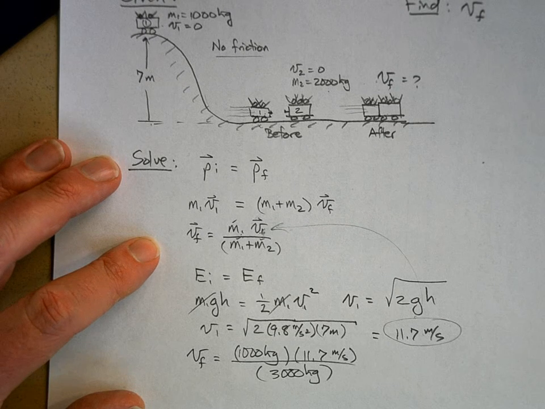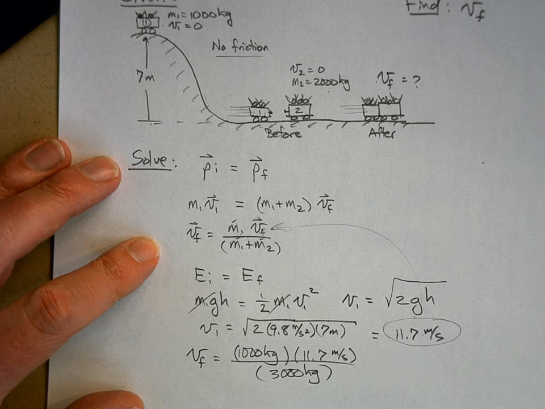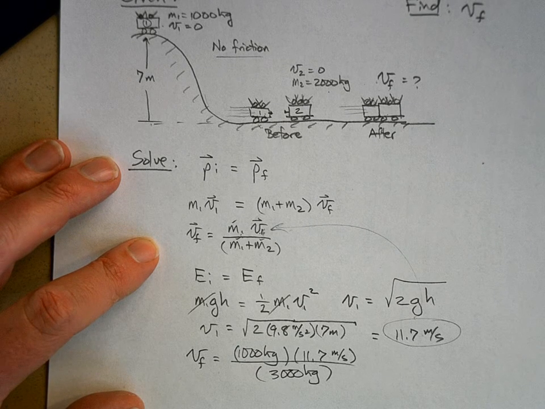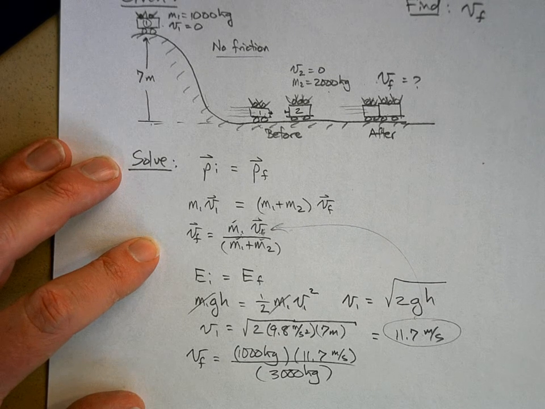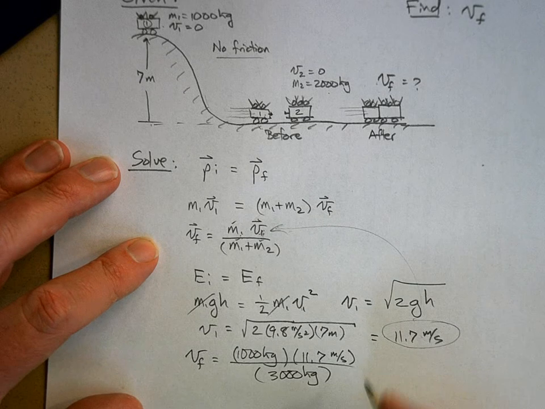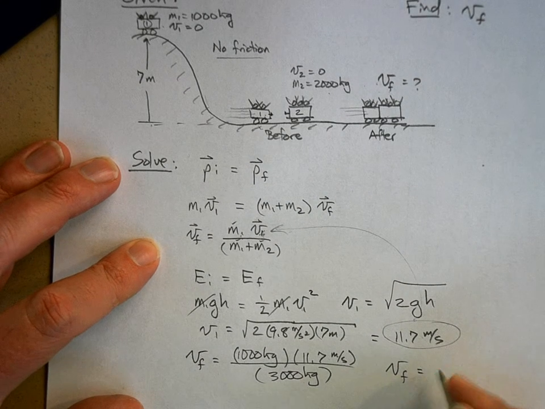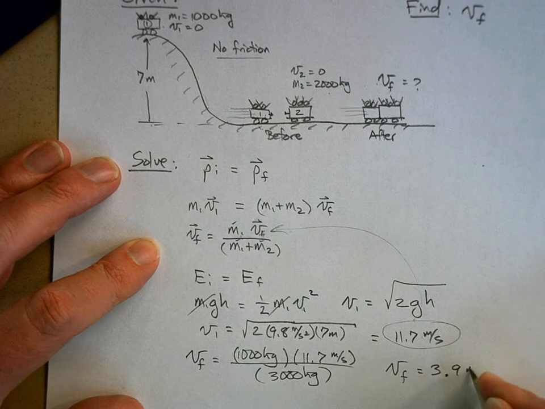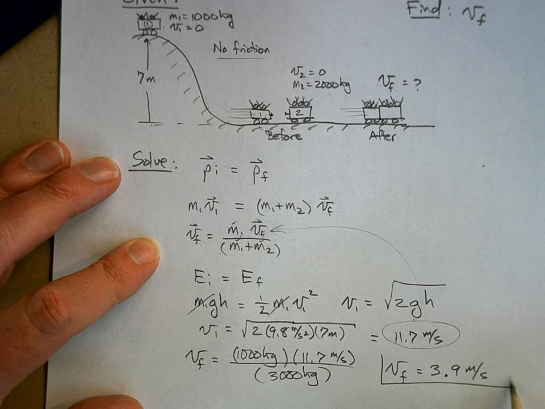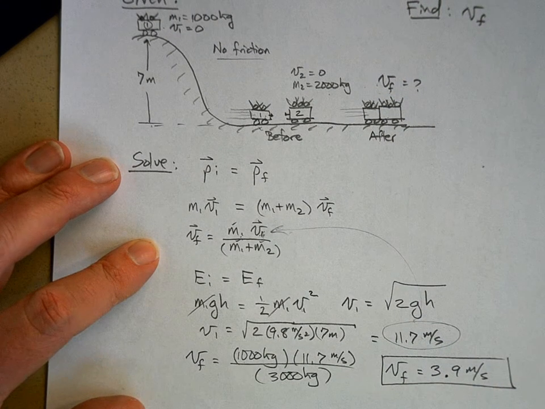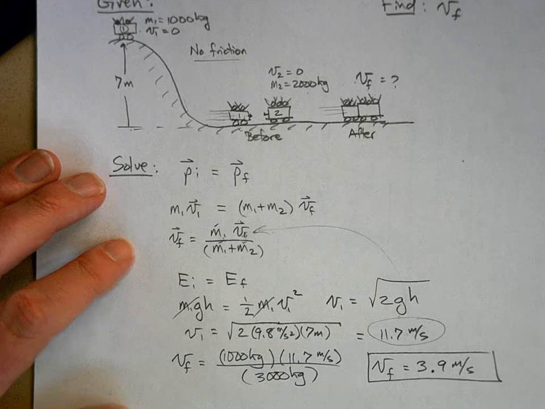So I'm going to multiply that by 1,000, and then divide by 3,000. And I get 3.9 meters per second. Okay. And that's how you do it.